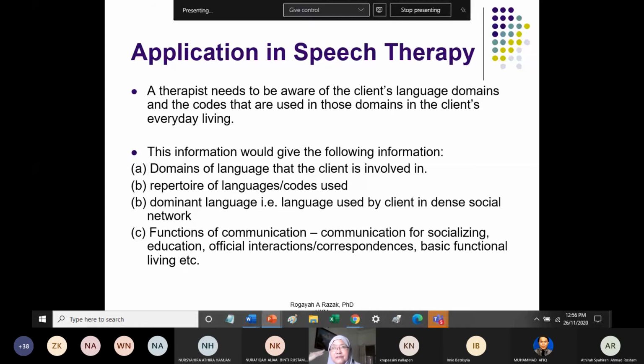Because once you have your back to the child, let's say you're talking to the child and you're writing on the board, the child cannot hear you very well, because sometimes the child has to lip read also. And when the child has a cochlear implant, the teacher, when she's talking, should sit next to the side of the ear that has a cochlear implant. So these are the things that indirectly audiologists would know.